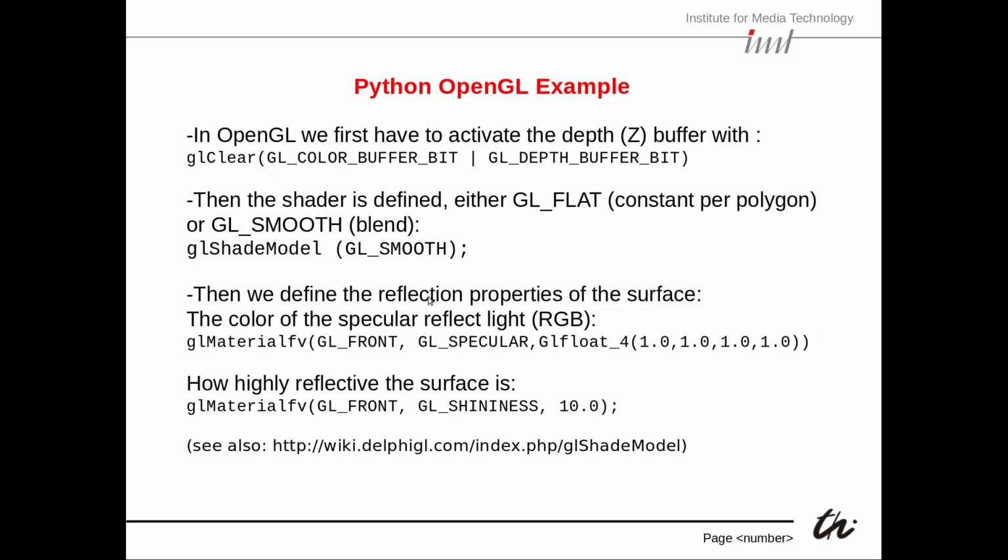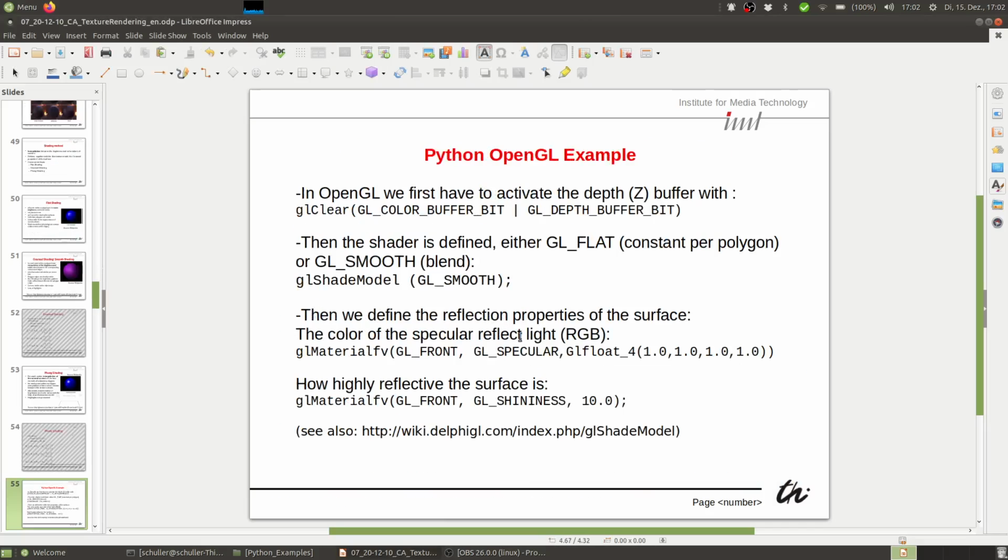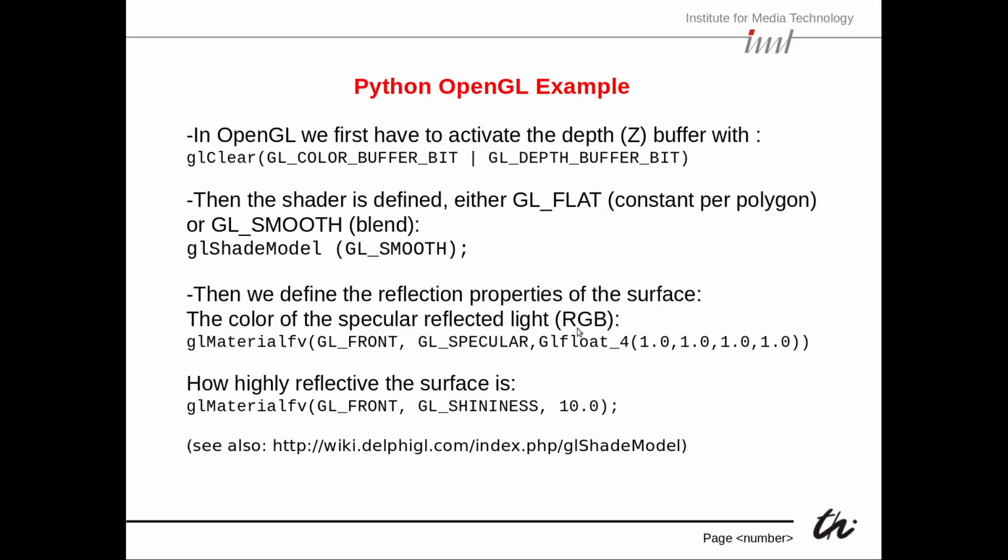Then we define the reflection properties of the surface and the color of the specular reflected light. So this should be reflected in RGB, red, green, and blue. So here you can see it. Here's the material values in floats as vector.